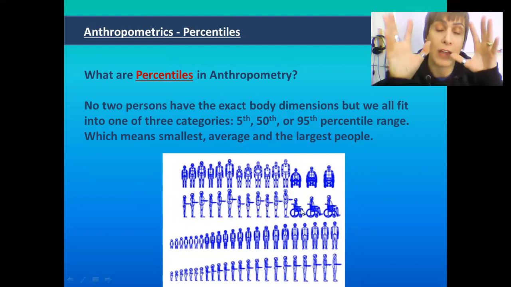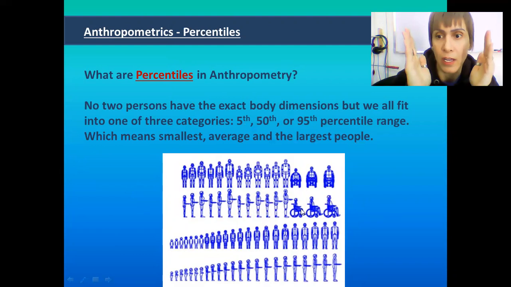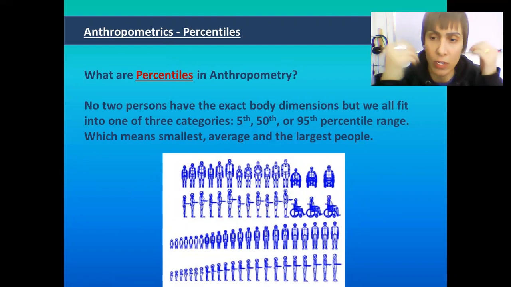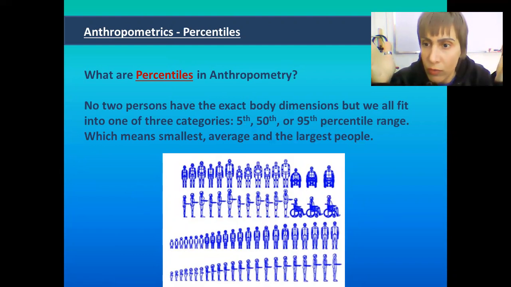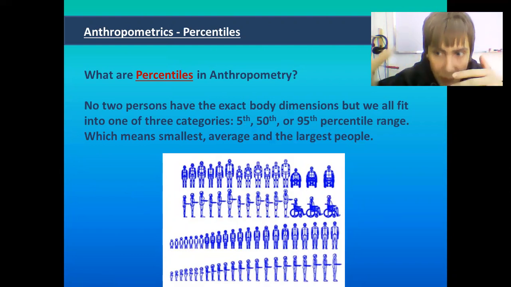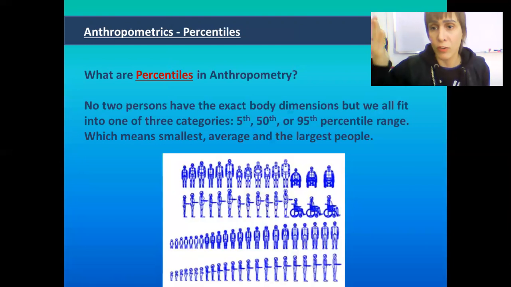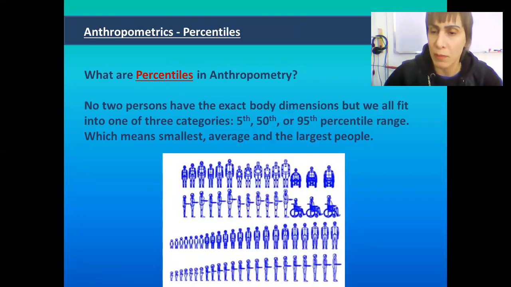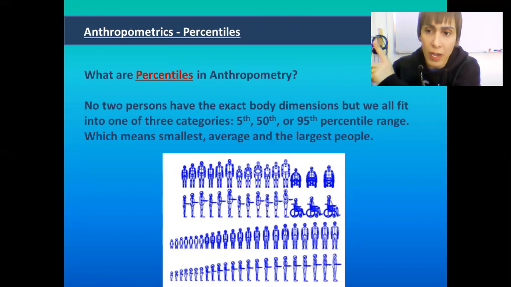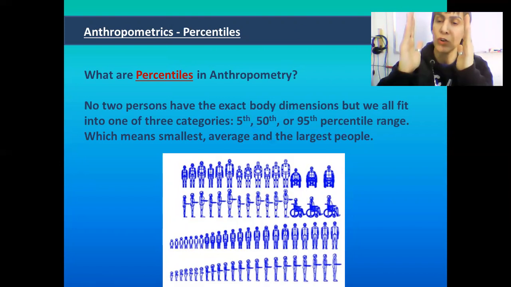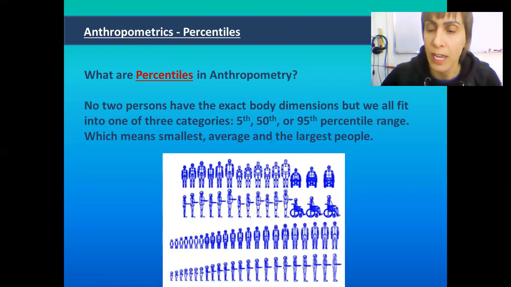But in anthropometrics, you cannot design for everyone, you need categories. You need simplification to be able to design, because if you're designing for, let's say, 5 million people, you cannot consider every person's differences in size. No, there are main categories.